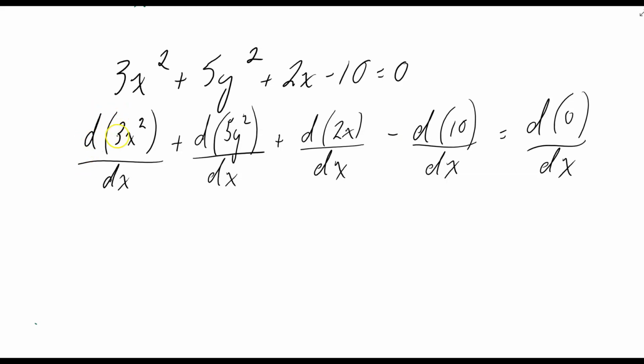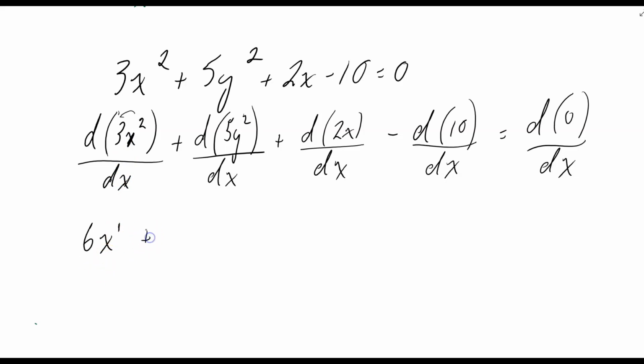So this is our function 3x squared. We are differentiating with respect to x. If that was just a single term, we would just apply the exponent rule that we saw. We multiply the 2 by the 3, and we get 6x, and then we reduce the exponent on x by 1, down to 1. I'll write the 1 just for now. That was a term in x differentiated with respect to x, so we can leave it just like that.